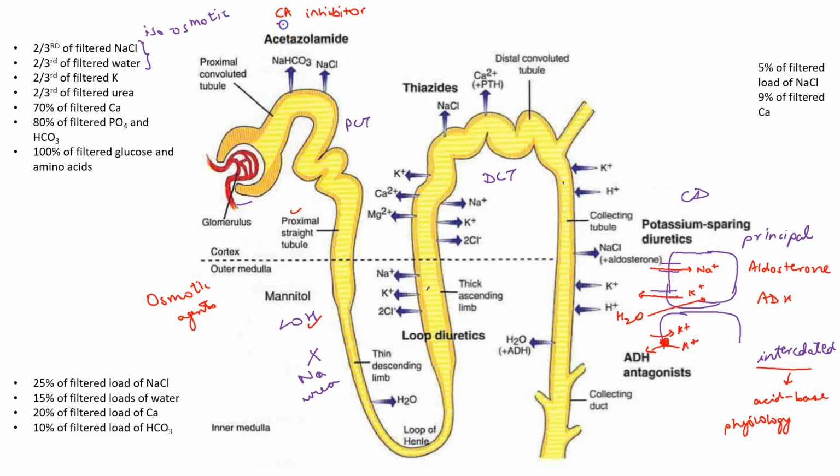Carbonic anhydrase inhibitors act at the level of PCT. Loop diuretics act at the level of the thick ascending limb of loop of Henle. Thiazides act at the level of early distal convoluted tubule. And potassium sparing diuretics act at the level of the collecting tubules and the late distal convoluted tubules.